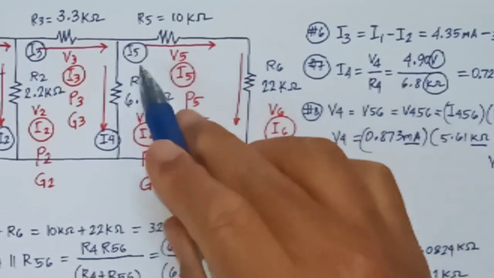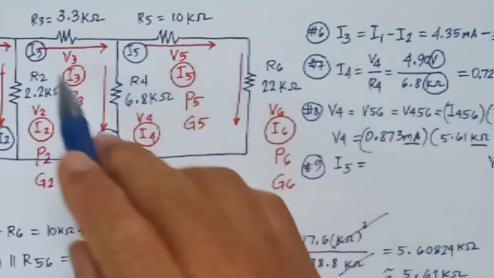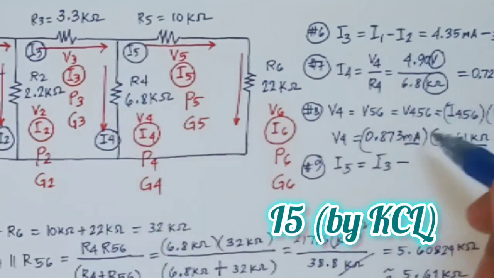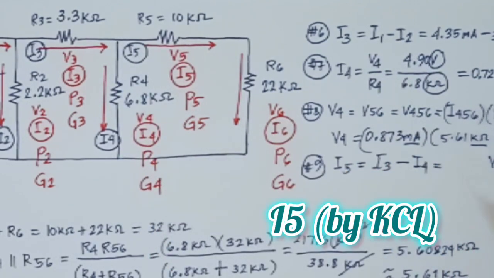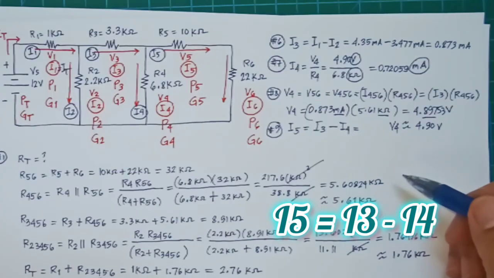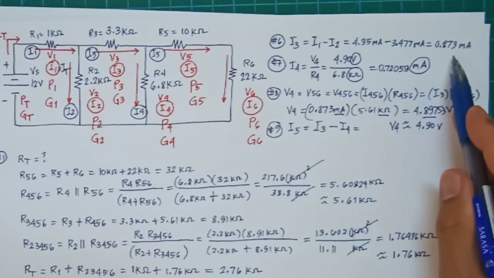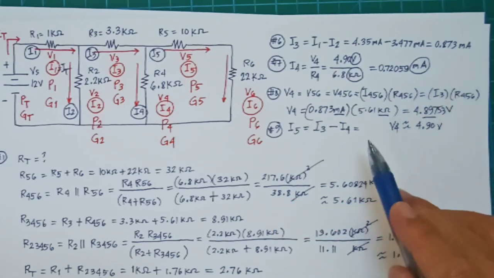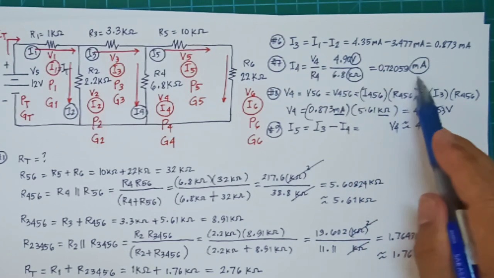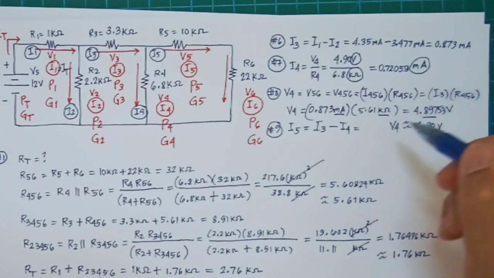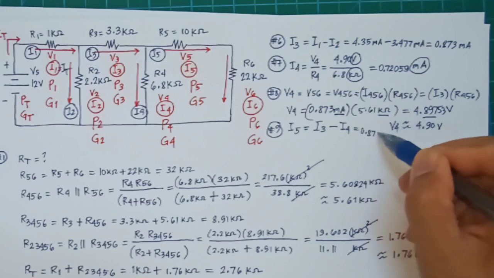Now we have I4 and I5. We will get the value of I5, which is equal to I3 minus I4 by Kirchhoff's current law. Now, how much is our I3? It's 0.873 milliamperes, right? So I3 is 0.873 milliamperes minus the I4 of 0.72059 milliamperes.